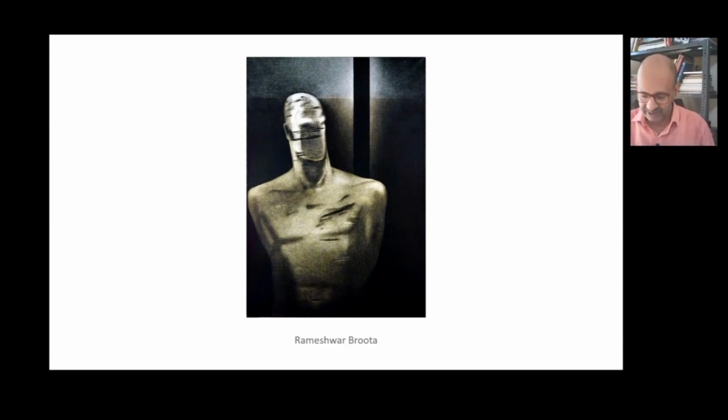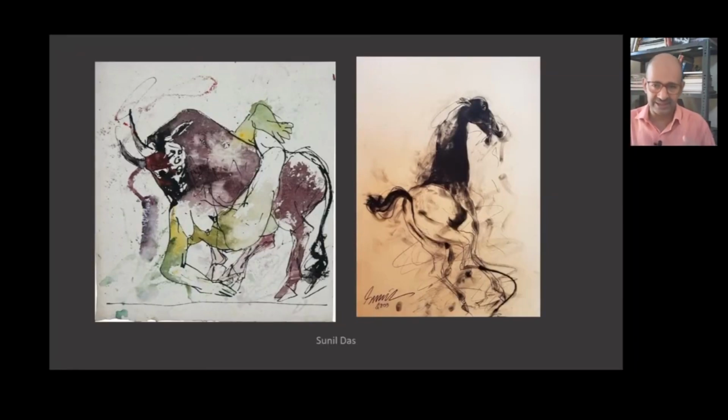So, not literally, not through any narrative, sometimes through symbols, and sometimes through metaphors, and sometimes through the expression of the figures, all these artists tried to capture that. The signs of the time, the anxiety, the psychological crisis.